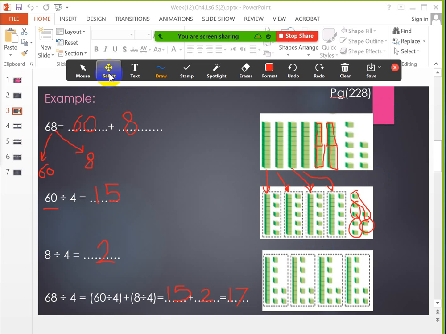Okay, there are no questions. That means I will move to the second page on this lesson, page 229. Do you have a question, Kenzie?